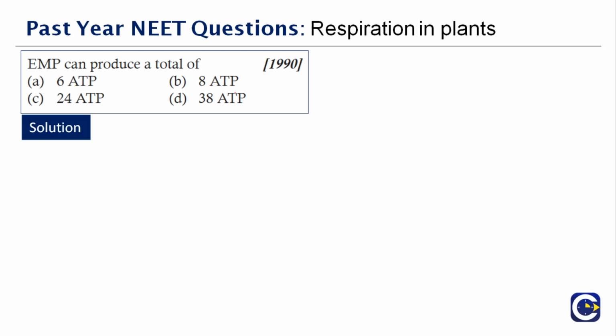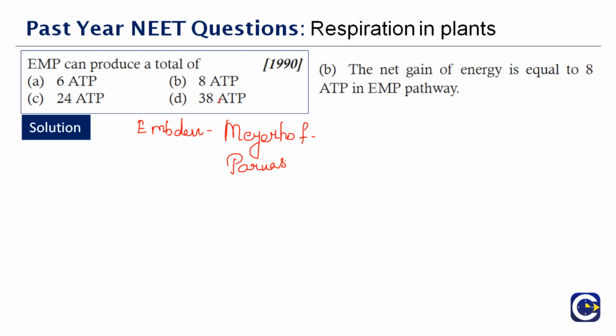I'll write it down so it will be easy for you to understand: Emden, Meyerhof, Parnas pathway. I think by now you would know what the answer is. The net gain of energy is equal to 8 ATP in the EMP pathway. Correct answer is 8.